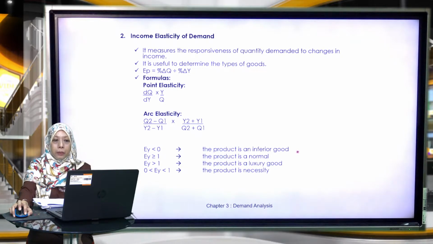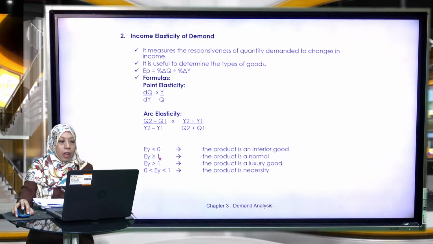You want to substitute it with a better quality product. A good example of an inferior good would be broken rice. When you don't have much money, you buy broken rice, which is much cheaper. But as your income increases, you would like to buy better quality rice. Now if your coefficient for income elasticity of demand shows a positive number, then the product is said to be a normal good.